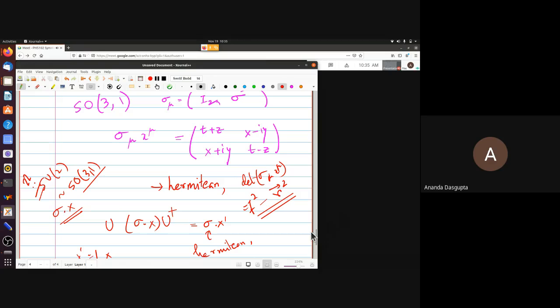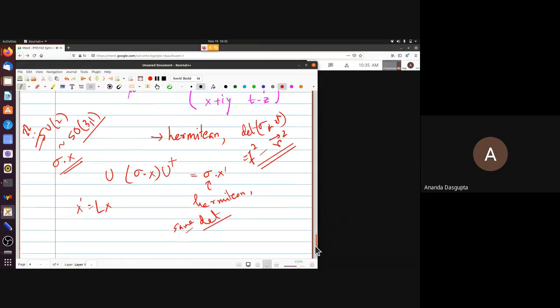What is the trace of this matrix? 2t. 2t. That means t is unchanged. Do any similarity transformation, time will not change. So it's a Lorentz transformation which keeps time fixed, which of course means it is a rotation. Of course, it could have meant also a reflection, but we have already seen that that can't happen, right? It has to only give you the determinant one possibilities.